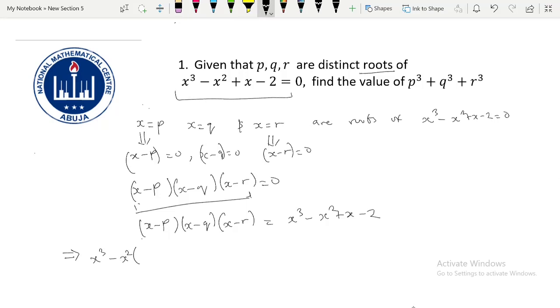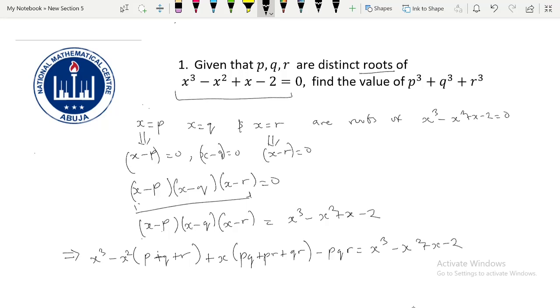Expansion isn't too difficult, so just expand, and you should have this.